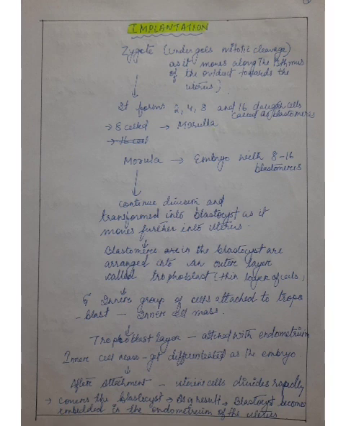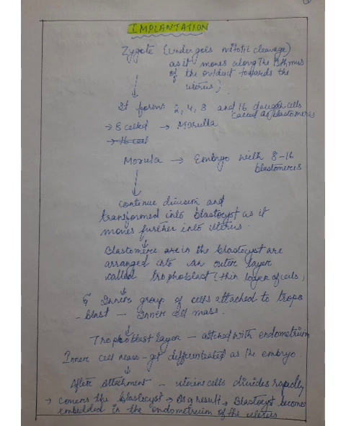The outer layer forms the trophoblast, and the inner group of cells attached to the trophoblast is the inner cell mass. The trophoblast layer is attached to the endometrium, and the inner cell mass gets differentiated into the embryo.